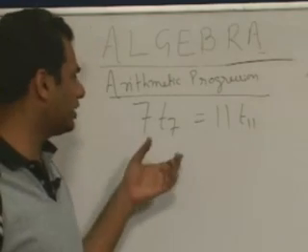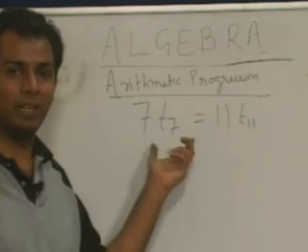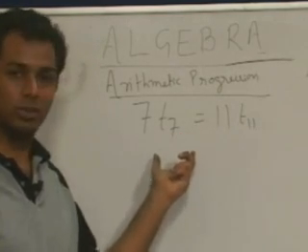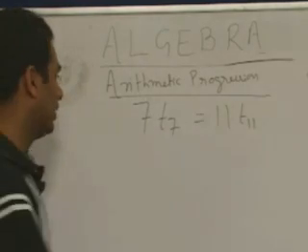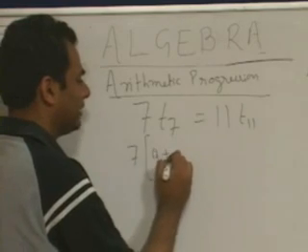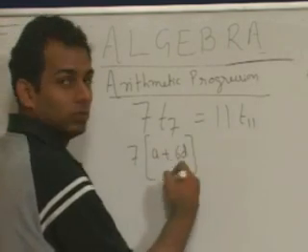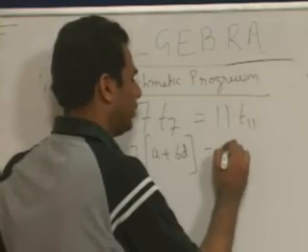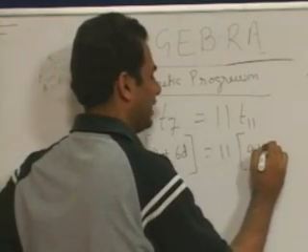Remember that in all such types of questions, straight away put the values, use the formula straight away. The 7th term is A plus 6D, and the 11th term is A plus 10D, multiplied by 11.